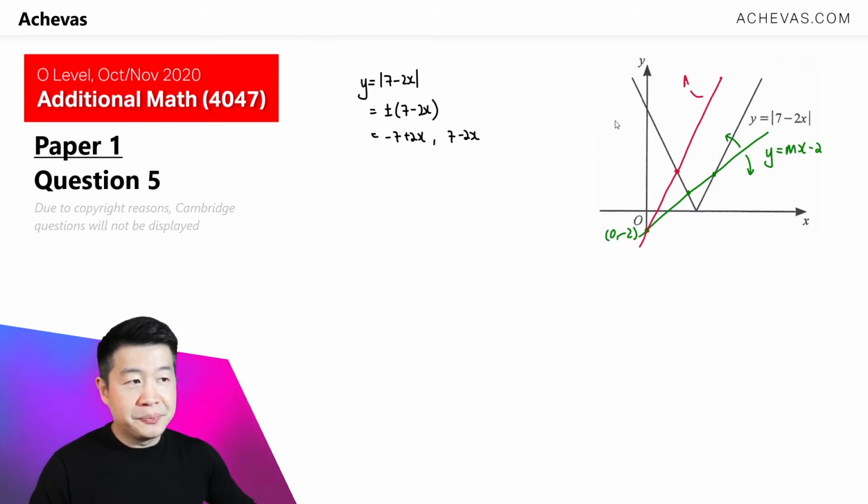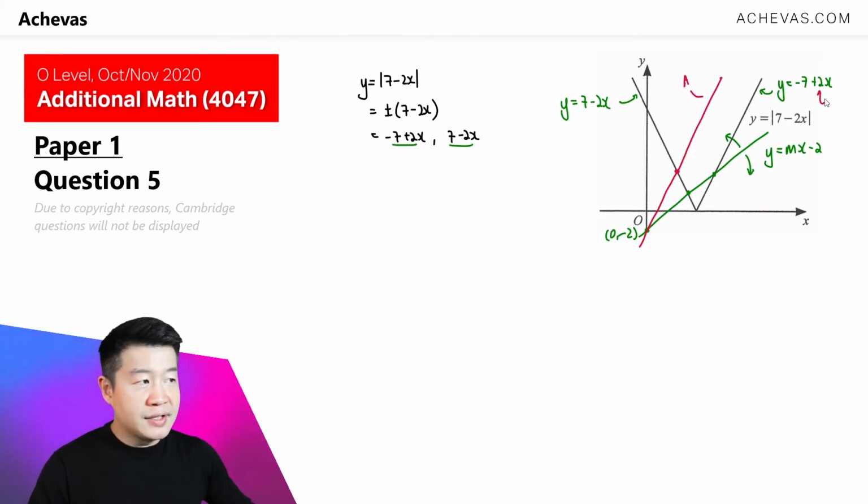And if I were to match based on the gradient, this has a negative gradient, so it must be matched to this. Which means that this part of the graph of the modulus will be y is equal to 7 minus 2x. And this has a positive gradient, so it is going to be matched to this. So this will be y is equal to minus 7 plus 2x.